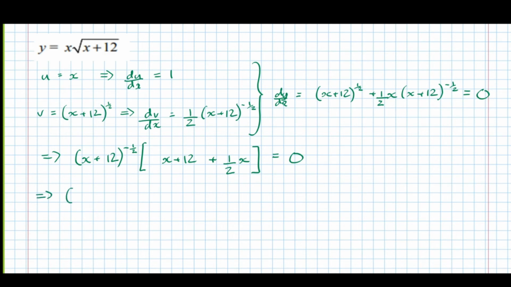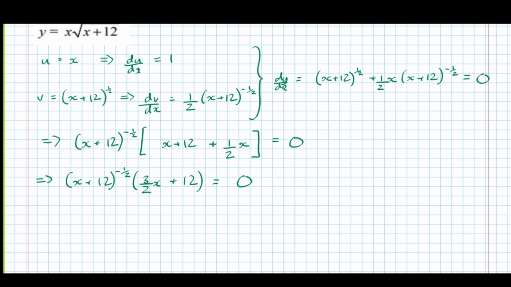Which means that (x plus 12) to the minus 1/2 times (3 over 2 x plus 12) equals 0. Now I'm about to make an incorrect statement here. So that means either x plus 12 equals 0 or 3 over 2 x plus 12 equals 0.